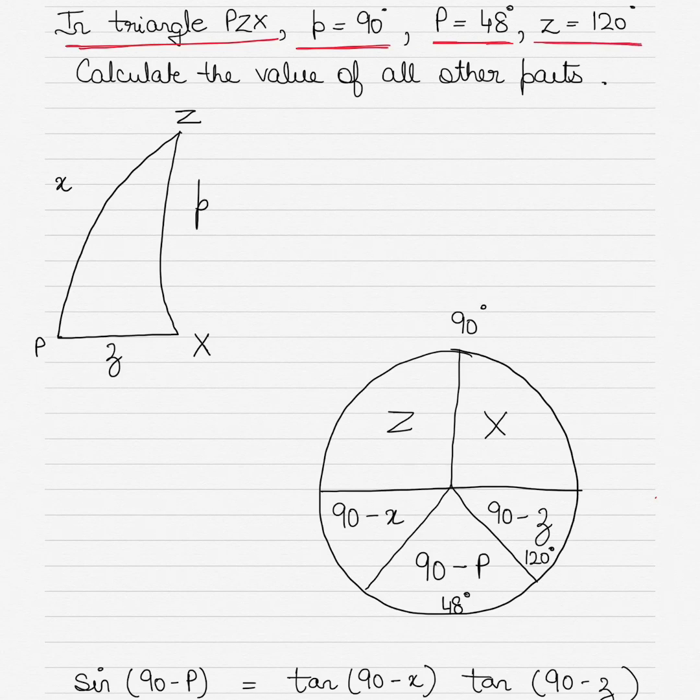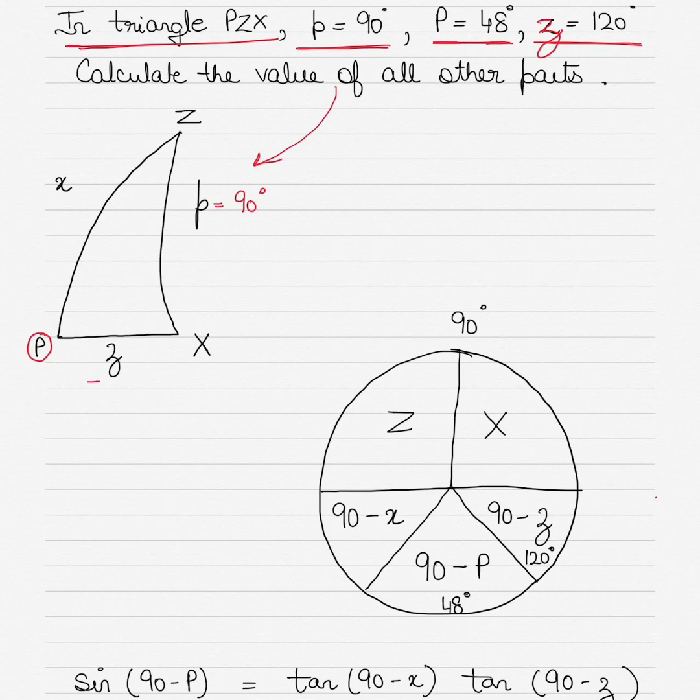Alright, so what I'll do is I will distinguish the sides from the angles by writing the sides in smaller letters like p and angles in capital letters. So you can see the triangle is drawn here, and here side p is equal to 90 degrees. The angle opposite to side p is capital P, right? So I've written it in different ways so that you don't get confused.